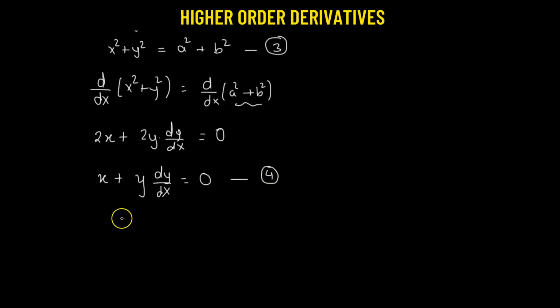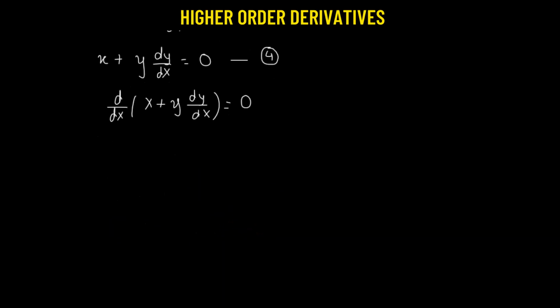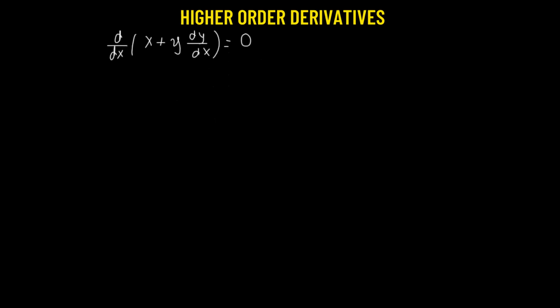Now we will take the derivative on both sides with respect to x. So we have the derivative with respect to x of x plus y times dy over dx equals the derivative of 0, which is 0. Now let's find the derivative. The derivative of x with respect to x is 1, plus the derivative of y times dy over dx.